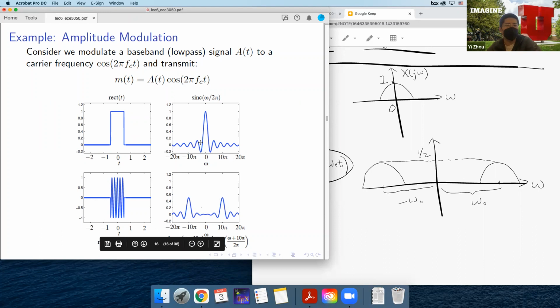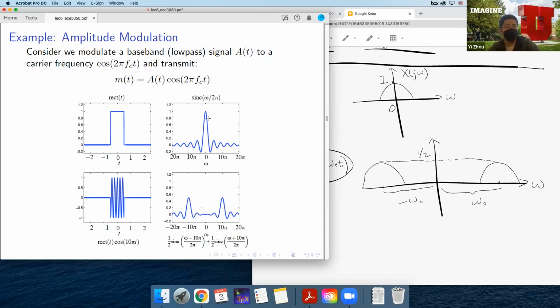we can conclude that after this modulation, the spectrum of such a truncated cosine signal looks like this. It is basically shifting the original spectrum to the right by the carrier frequency and shifting the spectrum to the left by the carrier frequency. So you get a pair of spectrums. They are located at symmetric locations. And moreover, originally the peak is 1, so the amplitude is scaled by a factor 1/2 due to Euler's formula.